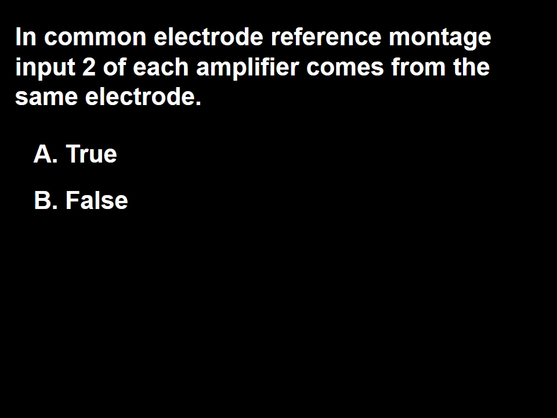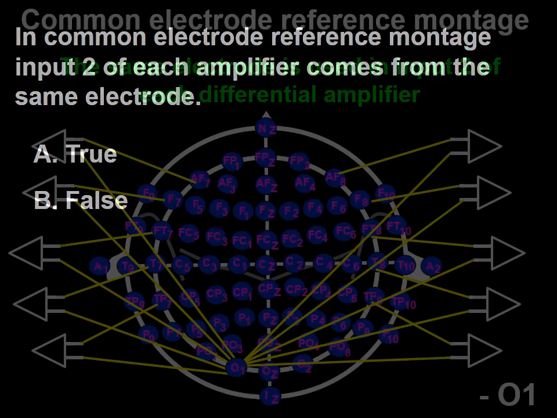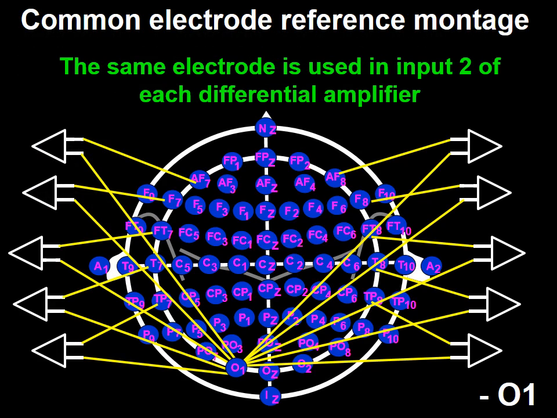The first question is, in common electrode reference montage, input 2 of each amplifier comes from the same electrode. A true, B false. You would think that the answer to this question has a straightforward answer, but it does not.